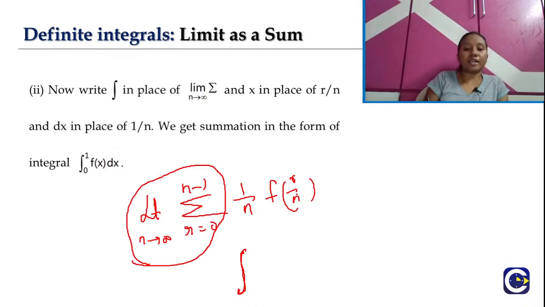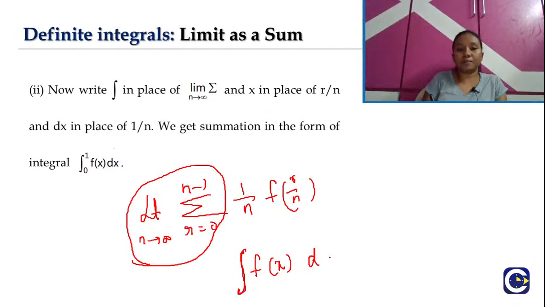Right. And then in place of r by n, we are going to replace with x. That means this term will become f of x. Right. And in place of 1 by n, we are going to replace with dx. And our limits will be here, if it is 0 to n minus 1, then it will be 0 to 1. So that will be our corresponding limits.